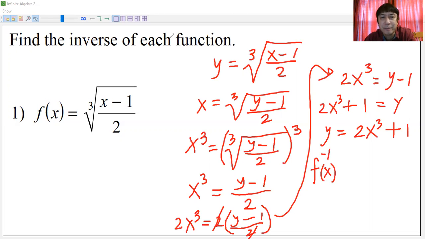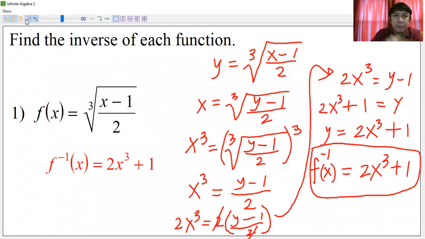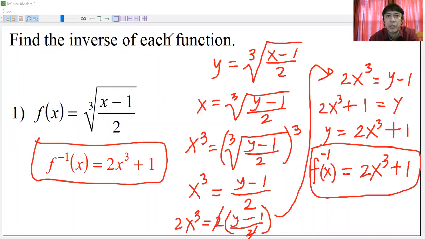That means this is the inverse of the given, and this is the answer. That's the given, and we can verify the answer. And it matches our solution over here. That means we are correct with the first number.